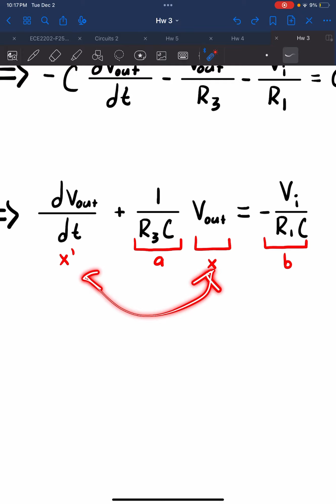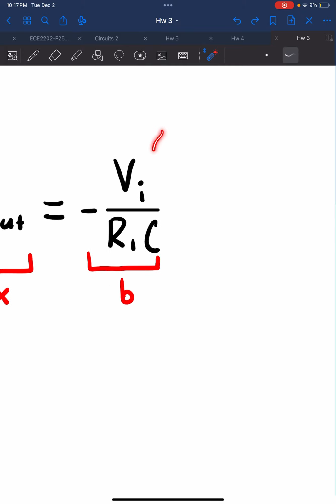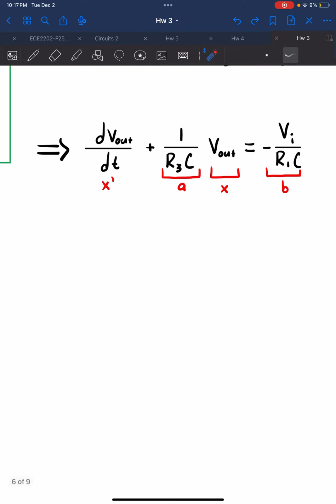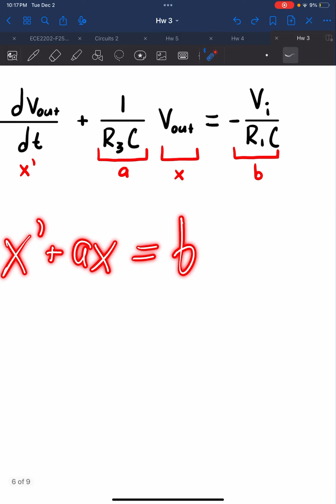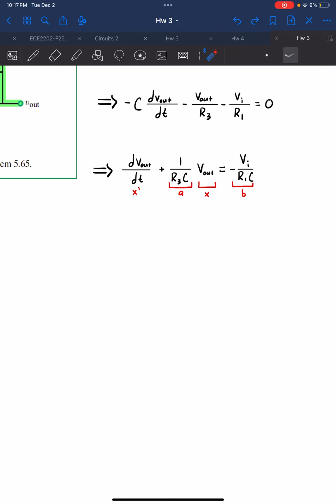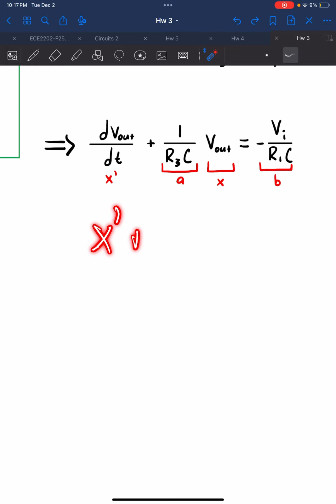So that's these two. And then we have one more constant, which is B. So this is the form x prime plus Ax equals B. So I'll write that one more time: x prime plus Ax equals B. Right, so this is the form of a linear ODE.